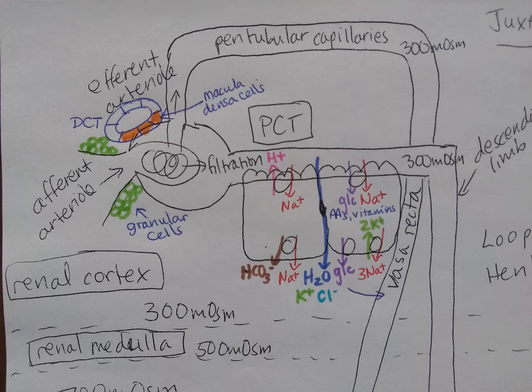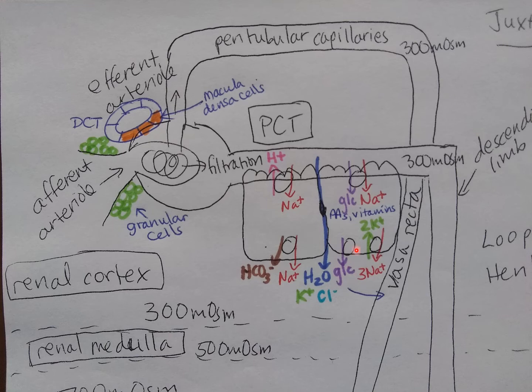So let's just take a look at sodium reabsorption first, because remember, reabsorbing sodium is going to be the driving force to reabsorb all the other substances. And remember, with reabsorption, we're going to be taking the substances that are in the filtrate and then reabsorbing them and putting them back into the blood.